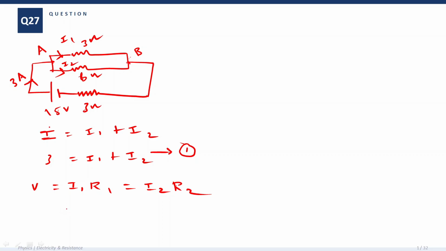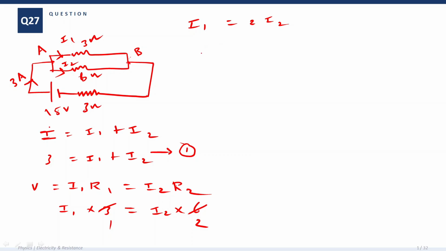Then I1 as it is because unknown it is, resistance is 3 ohms, equal to I2 as it is, the resistance is 6 ohms. Here it will get cancelled, 3 ones are 3, 3 twos are 6. So finally we have I1 equal to 2 I2.